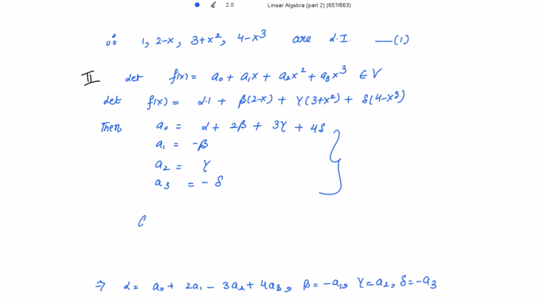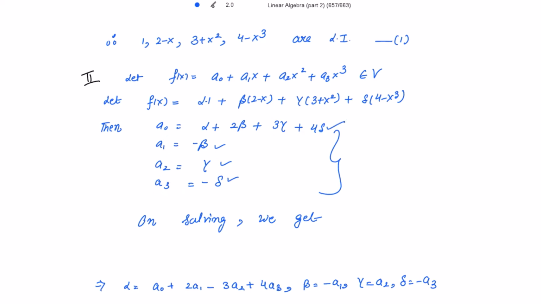And on solving, we get alpha to be equal to a0 plus 2a1 minus 3a2 plus 4a3, and beta is equal to minus a1. This is clear, right? And gamma is a2, delta is minus a3. Just put these values in over here.